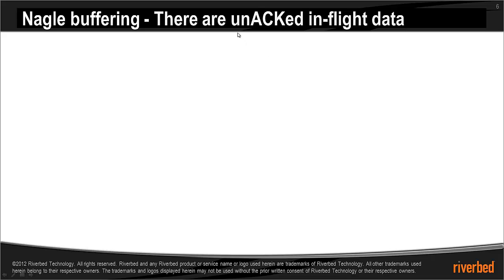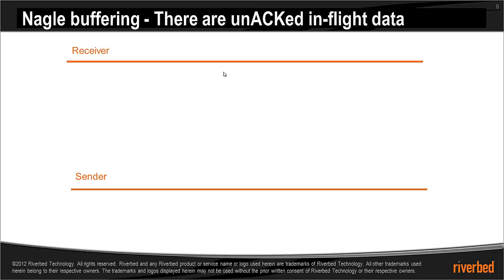Okay, so the idea here is that there is data that I've transmitted that I have not seen an acknowledgement for. Okay, for whatever reason, either the round trip is too high, or the receiver was busy and hasn't acknowledged me yet. So for whatever reason, I've sent some data and I've not yet seen an acknowledgement.